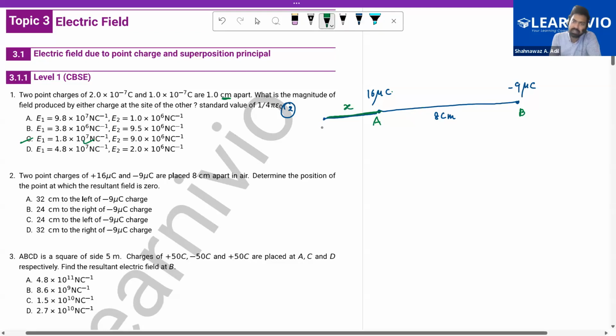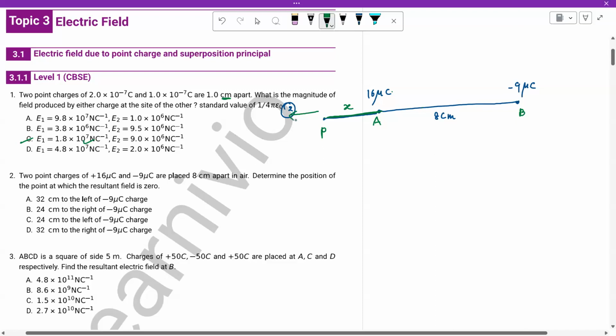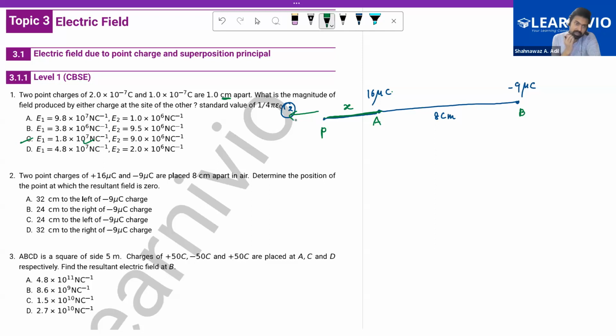Let's say this is x. At this point, due to this one, the electric field would be in this direction.